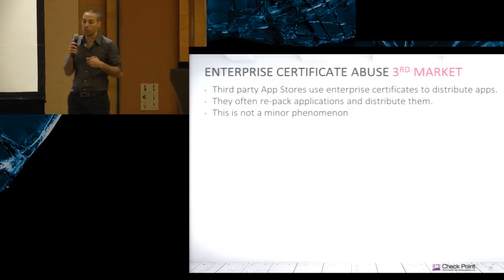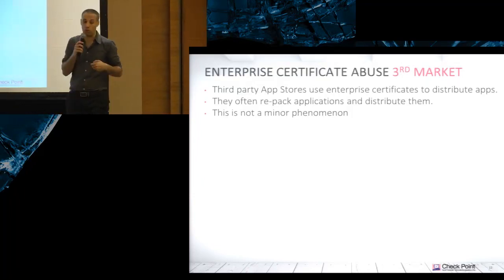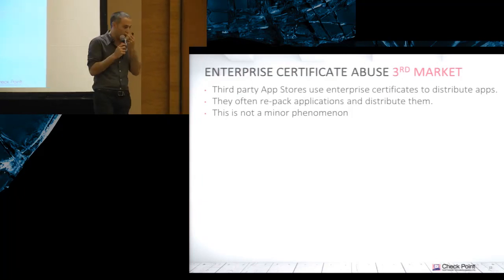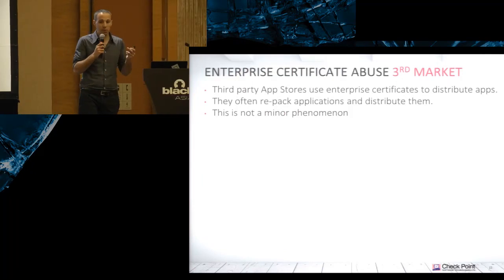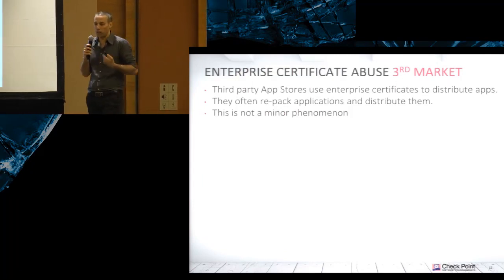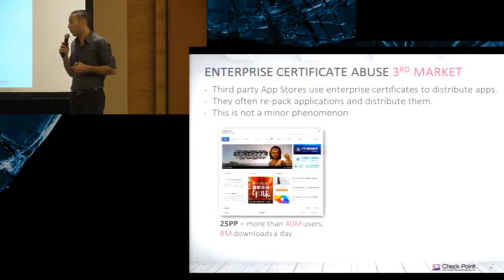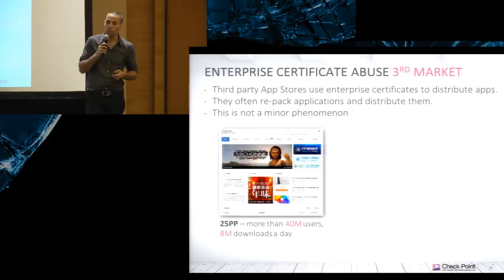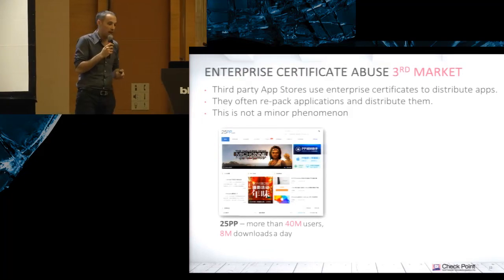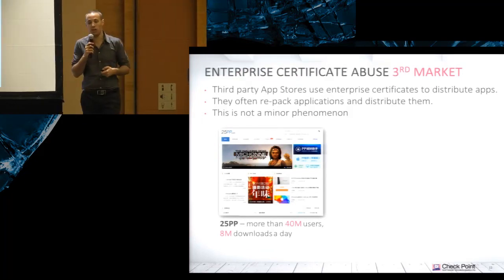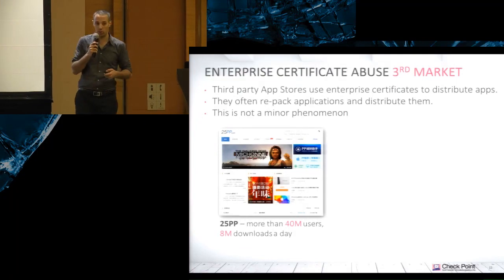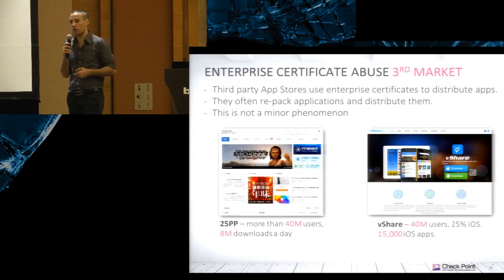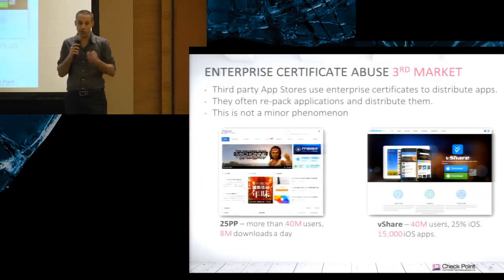It is also used to bypass geographical limitations of Apple, as some applications are not available in other places. Because of all of this, it is not a minor phenomenon. It's something that is quite popular. Two examples are 25pp, which has more than 40 million users and allegedly 8 million downloads per day, and vShare, which has 40 million users with 15,000 iOS apps.